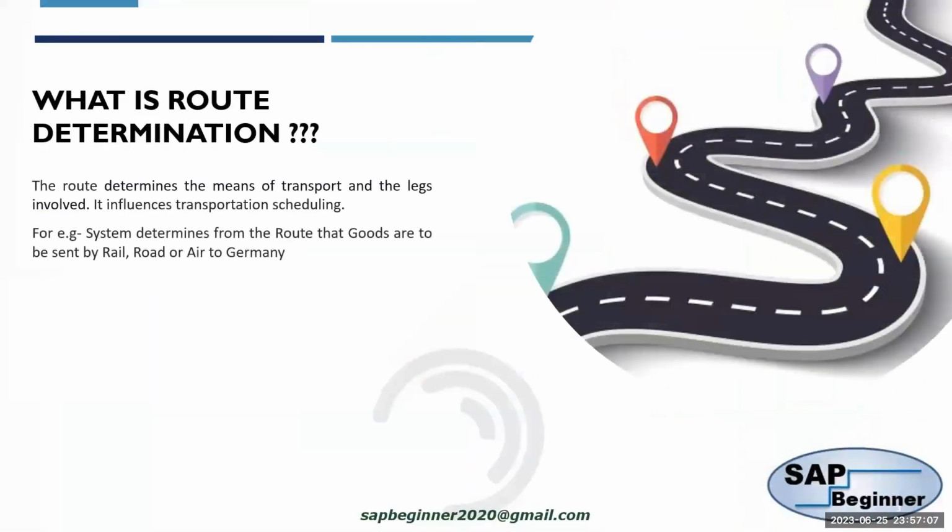So what is route determination? Whenever we hear about this in layman's terms, we can call it determining a route for traveling from one location to another, whether by railway, roadways, or airways, may it be anything. Similarly, in SAP, the route determines the means of transport and the legs involved.